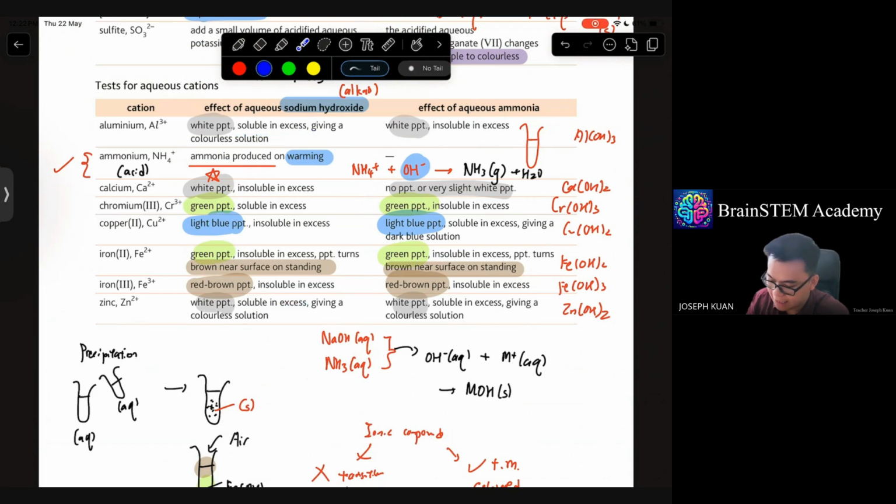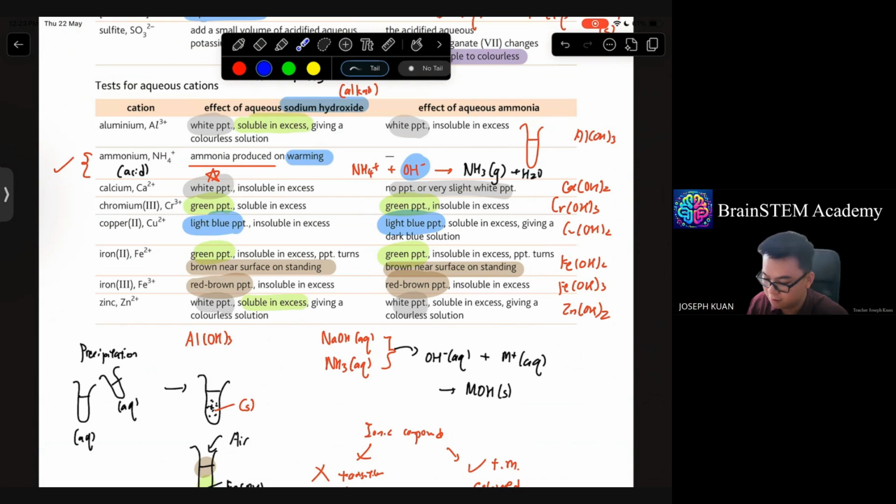Either they are like aluminum hydroxide. Okay, let's focus on sodium hydroxide first. Like here, aluminum hydroxide and zinc hydroxide. If you remember, zinc oxides are amphoteric oxides.